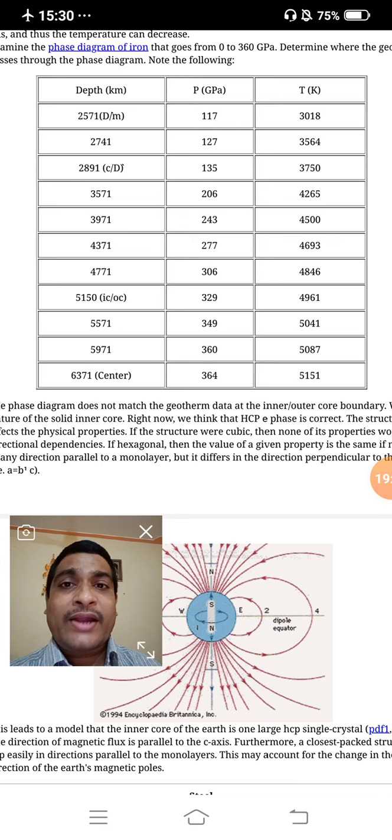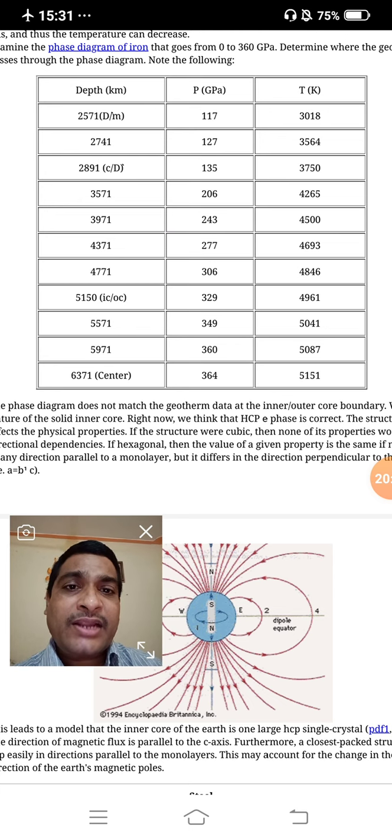After 200 km, the pressure increases by 10 gigapascal, from 117 to 127, and the temperature increases about 500 Kelvin, up to 3564 km. Then at 2891 km the pressure is about 135 gigapascal and the temperature is about 3750 Kelvin.